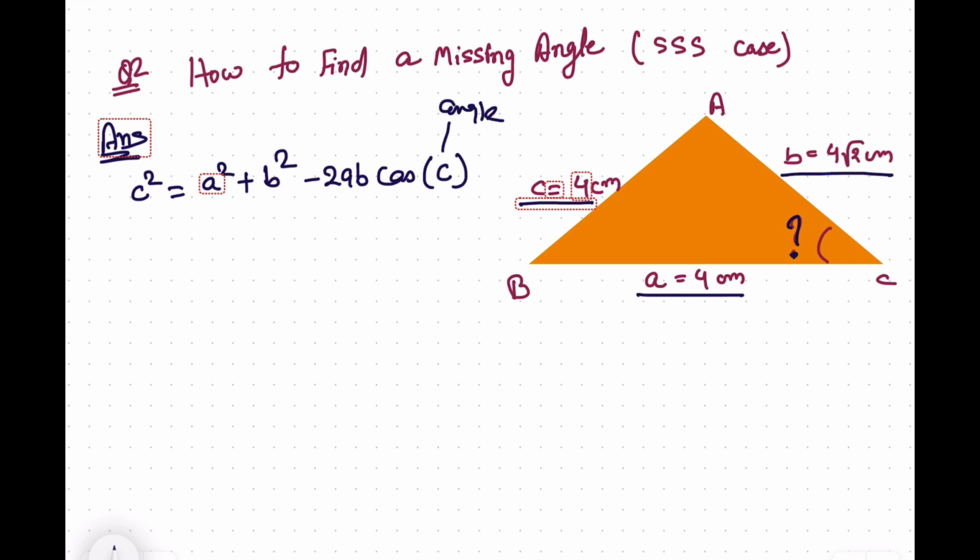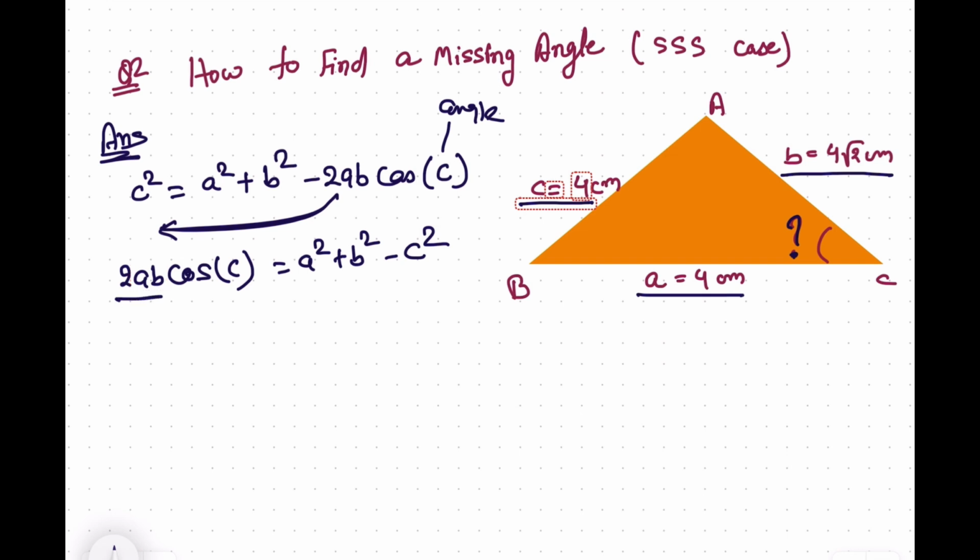What we can do is rearrange: 2ab cos C is equal to a squared plus b squared minus c squared. We can transfer 2ab to the denominator. So cos C is equal to a squared plus b squared minus c squared, divided by 2ab, right?